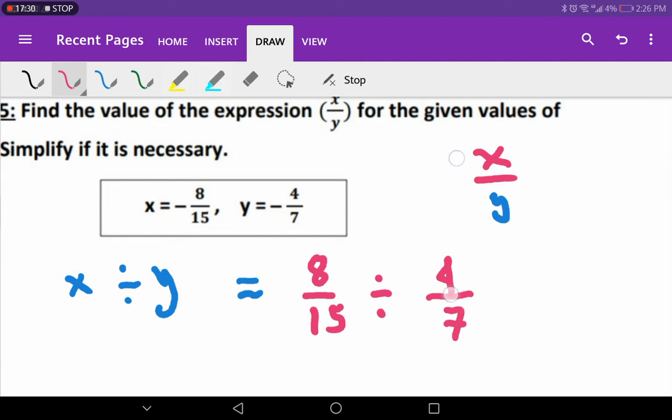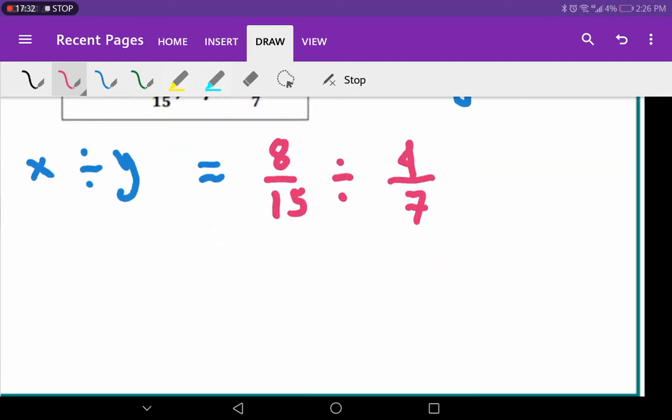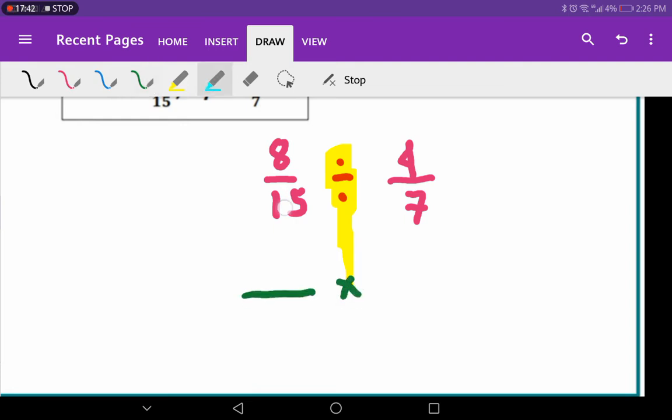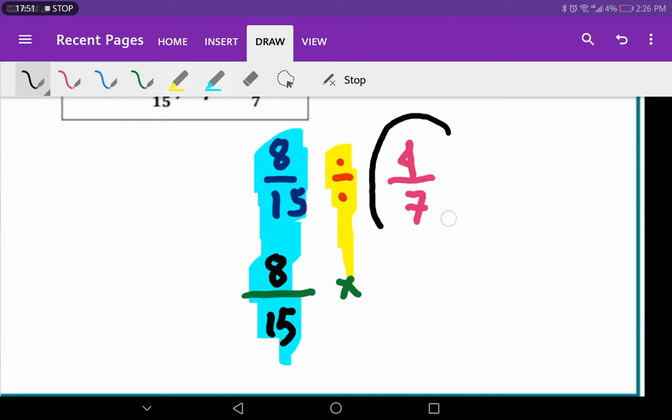And as we learned before, we convert this to multiply, and we keep this as it is, and we flip this one.